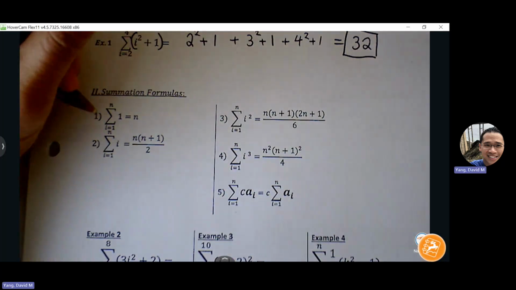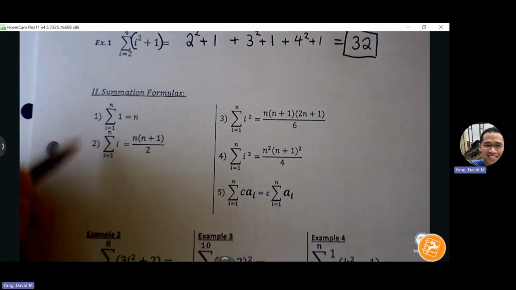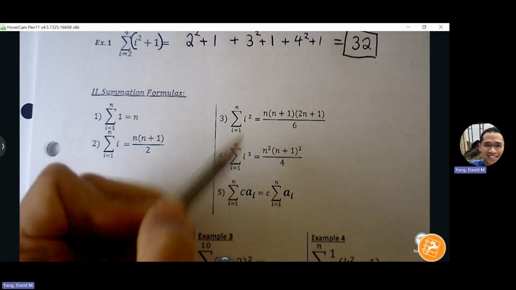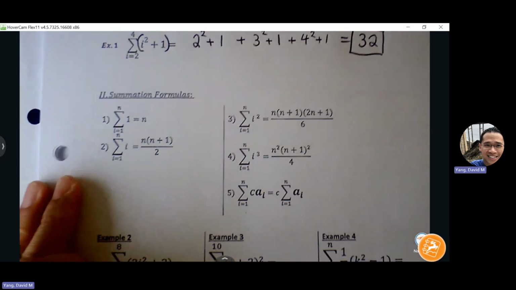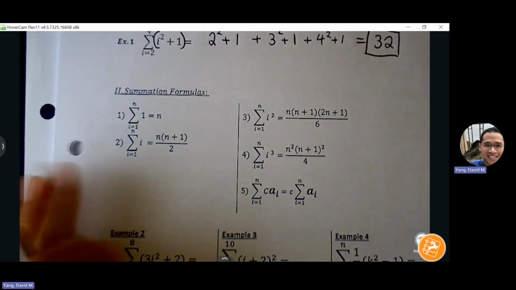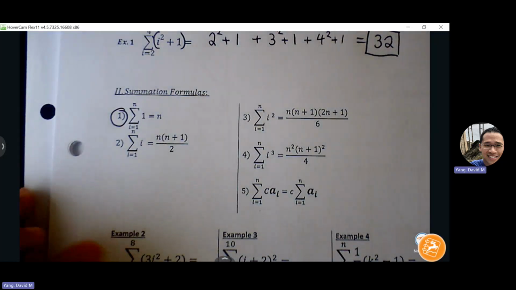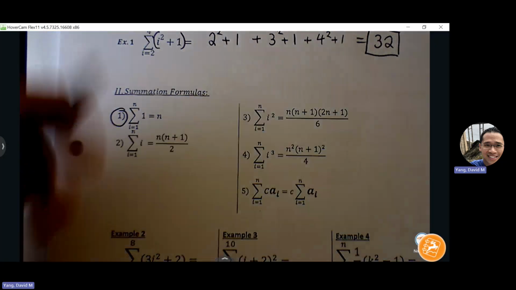So I want to talk about the first 2. And once you see that first 2, then hopefully you will understand how to interpret the 3rd and 4th and 5th one. So the first one here, summation from 1 to n of 1 is equal to n.